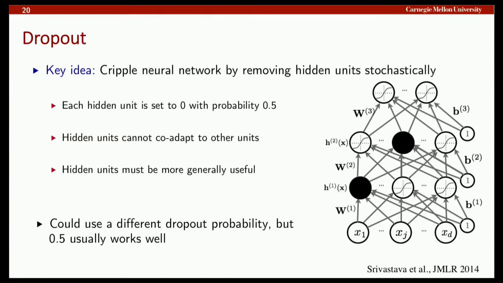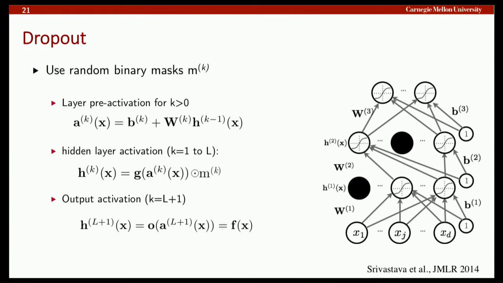Now, one of the interesting things about dropout is its ease of implementation. It's so easy to implement that it became heavily used in practice. I think in your MATLAB code, it requires a single line change. In your Python code, it only requires a single line change to implement dropout, right? And the idea is the following. You're basically going to be using a random binary mask M. Again, this is just how we do computation in a neural network, right?